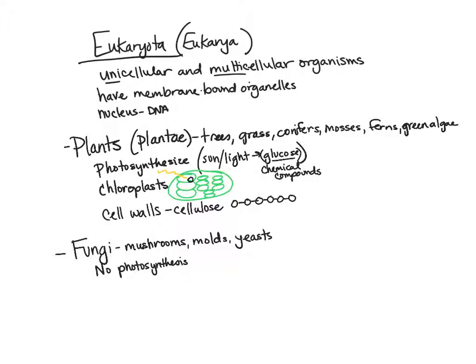If we think of mushrooms or yeast or molds, they seem kind of plant-like, but they are not like plants in that they do not photosynthesize. They also have a cell wall, and their cell wall is made up of chitin. We talked about that in the biological molecules as well. So chitin is the cell wall for fungi, which are not plants. We also saw chitin in insects as the exoskeleton.